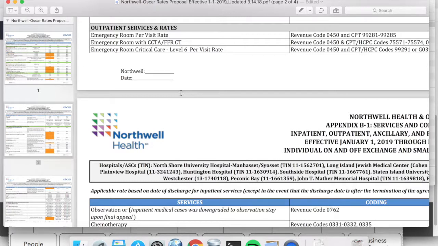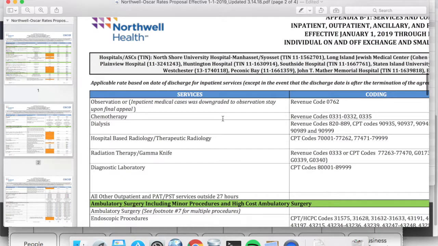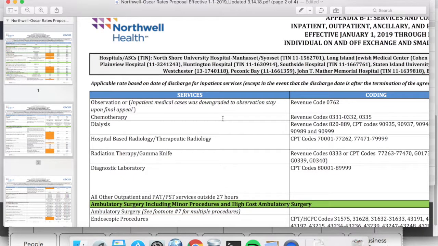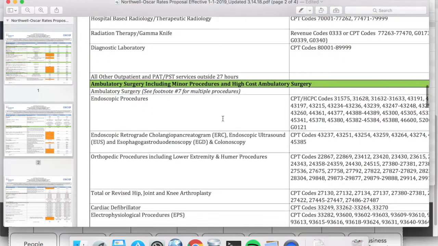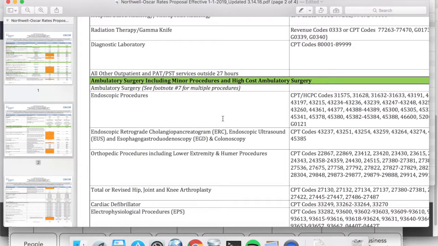And here, basically, the big things are emergency room, and then observation, and then radiology, pathology, and that sort of thing, as well as some ambulatory surgery procedures, which Northwell has as a separate category, but we just put all into outpatient care.